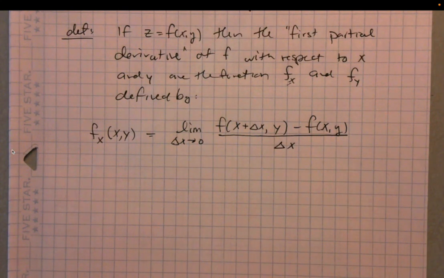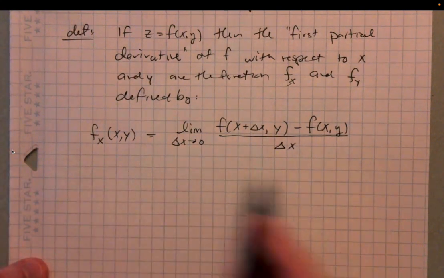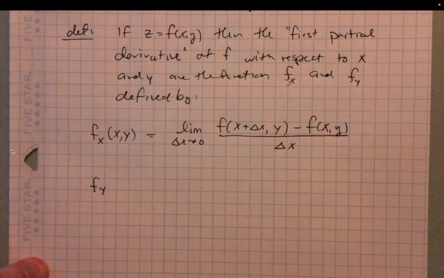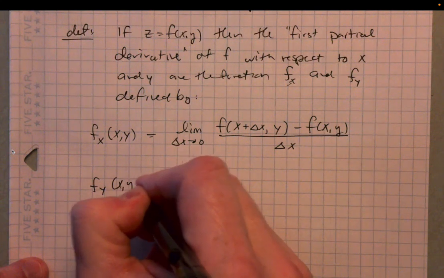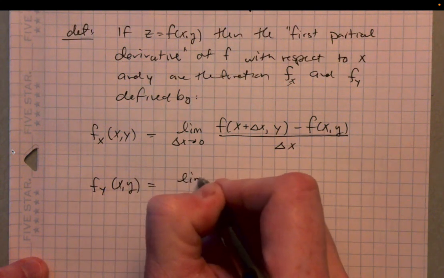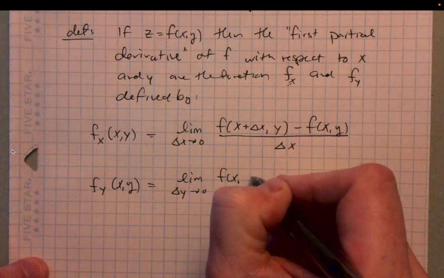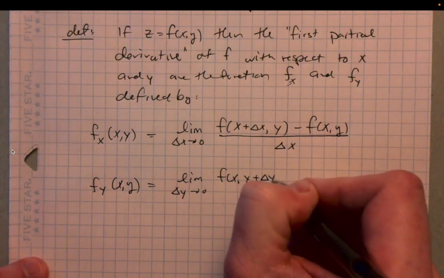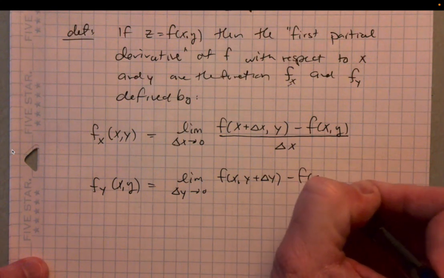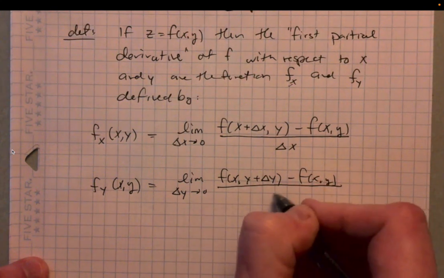Okay, and just for completeness' sake, let's put in the partial derivative with respect to y. That's f sub y of x comma y. It's equal to the limit as delta y goes to 0 of f of x comma y plus delta y minus f of x comma y all over delta y.